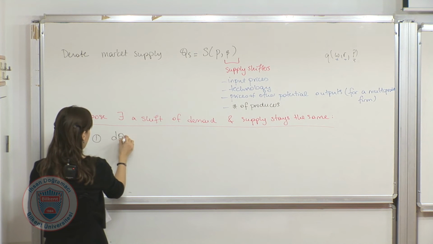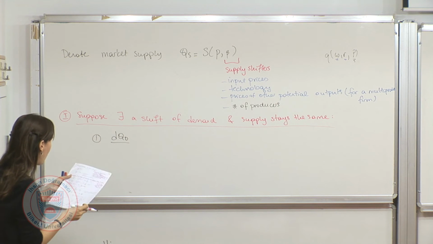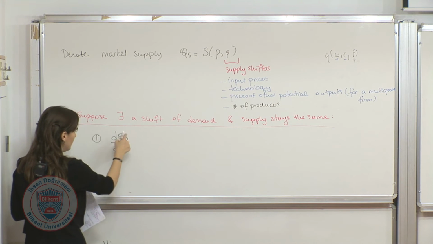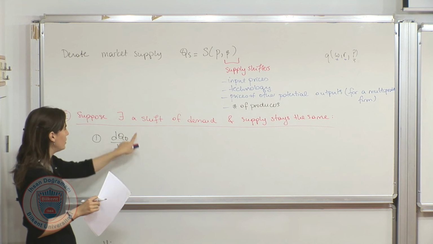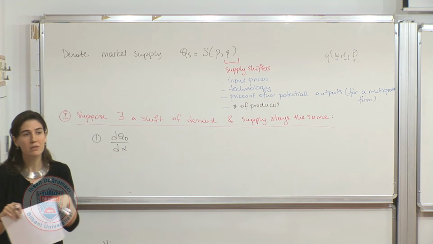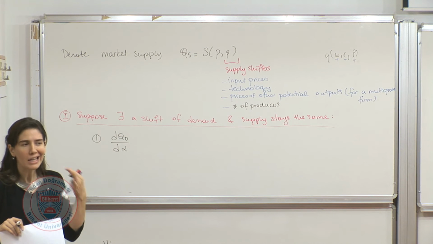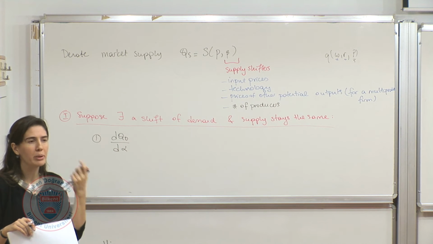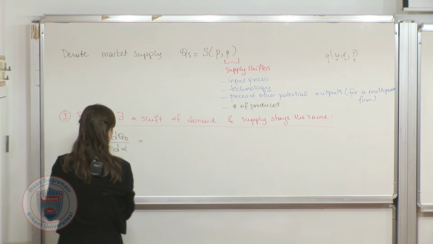So I want to know, when this changes, suppose there's a shift of demand, how much this quantity demanded changes. Don't forget that this is going to be the equilibrium quantity. In the end, how much is the equilibrium quantity going to change? So this is basically this one.